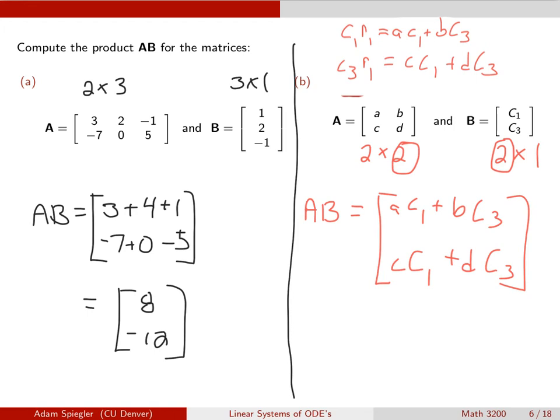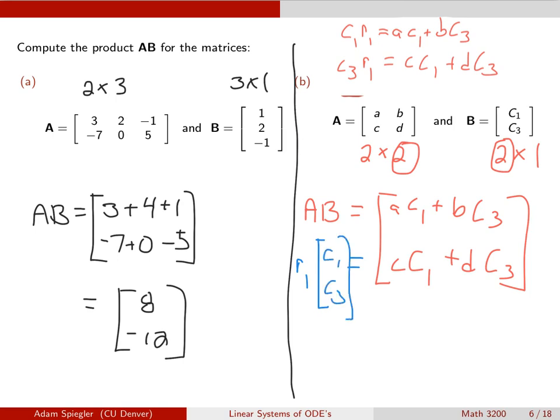One of the conditions was for R1, and R1 needed to satisfy this system of equations over here. So notice this AC1, BC3, that's right here. This is what's down here. And this over here, we could represent as the scalar R1 times the vector C1, C3.